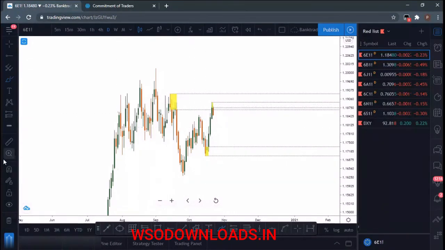And even if you are looking at this in the traditional way of how people look at price, you can see that you have this low here, this high here, this low here.